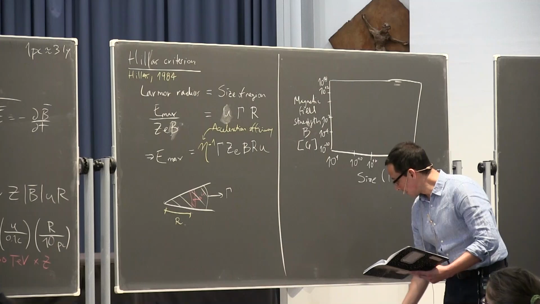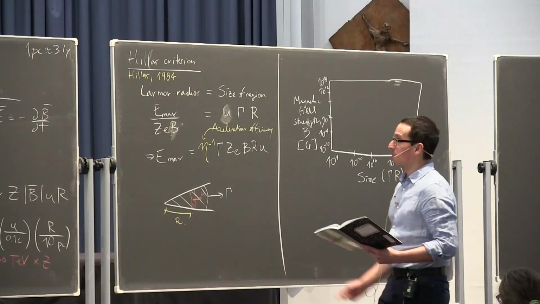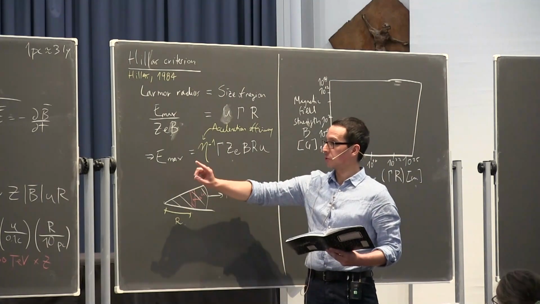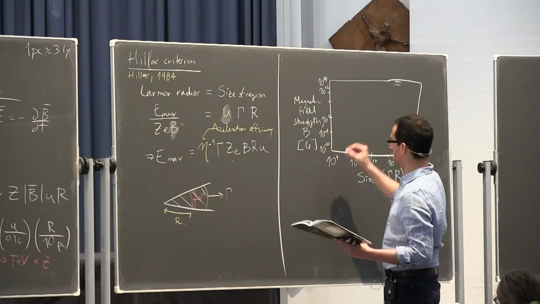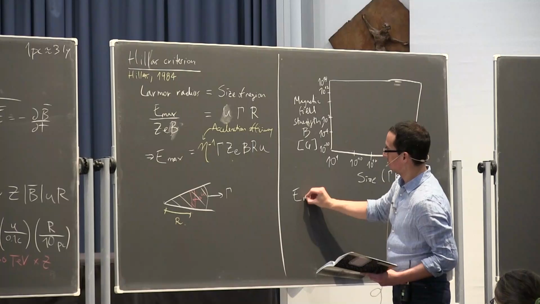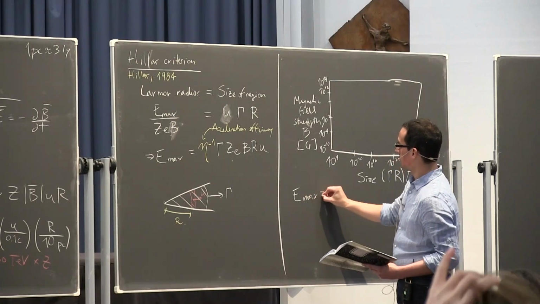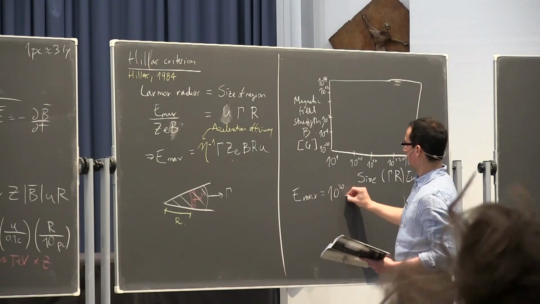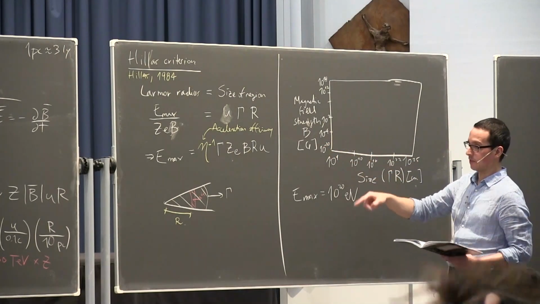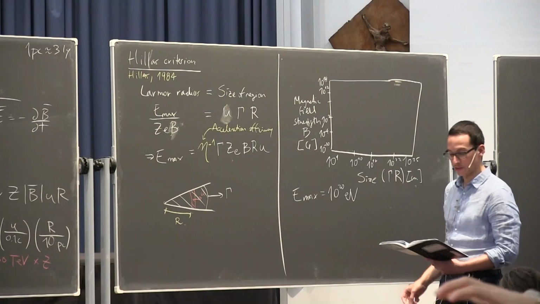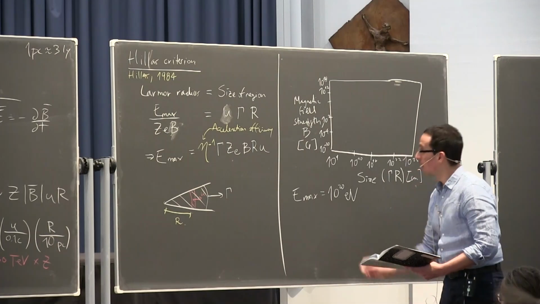But then let's think we have protons that we want to accelerate up to 10 to the 20 electron volts. So that's what I'm demanding. And that will impose conditions on the size times the magnetic field, which is how that product enters in the definition of Emax.